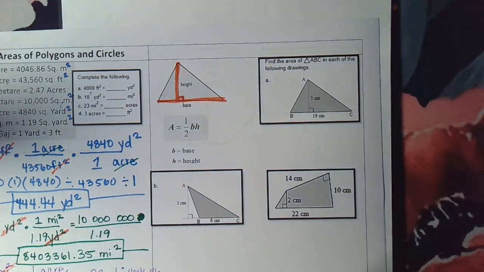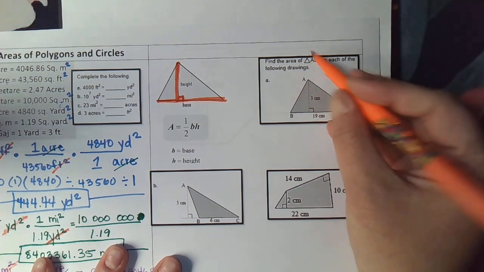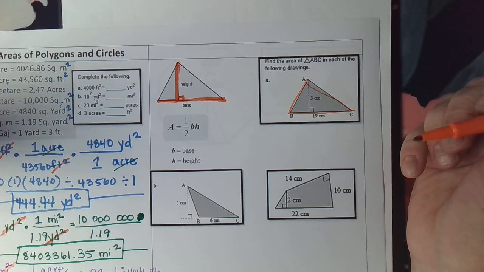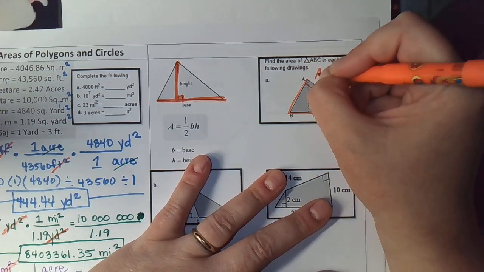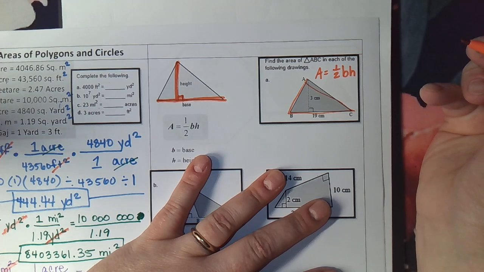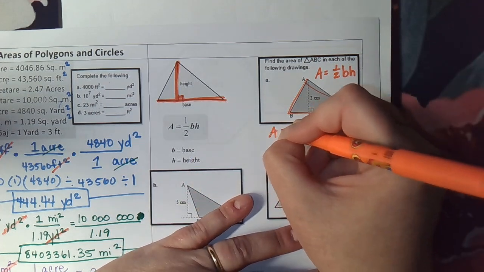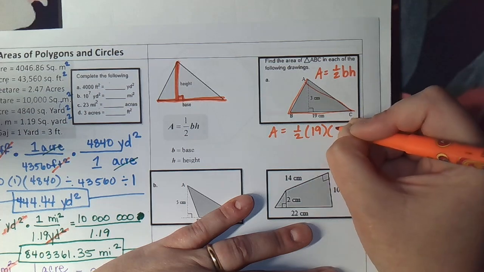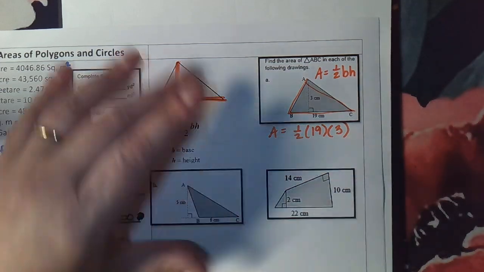Okay, let's look at this part A. It says find the area of ABC. That's the whole thing, ABC, in each of the drawings. Okay, well, we're going to have A equals 1/2 base times height. So that's A equals 1/2. My base is 19, and my height is up and down 3.